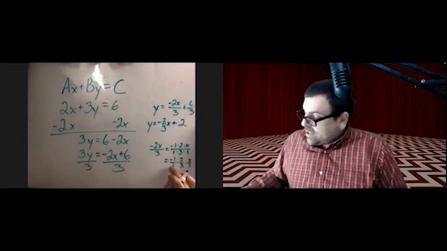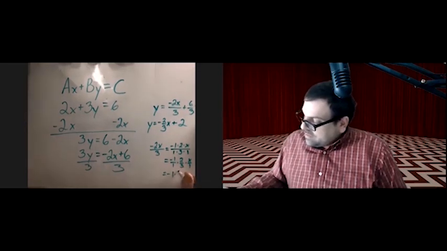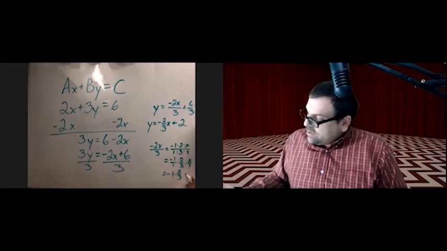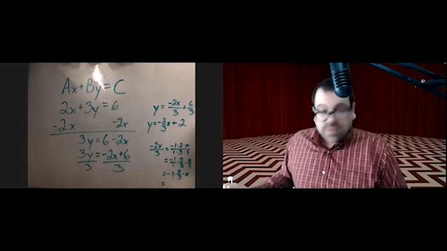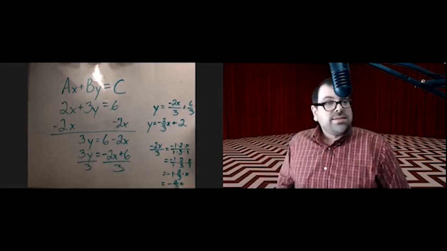Negative 1 over 1 is negative 1 times 2/3. X over 1, that's just x. Negative 1 times something is just like making it negative. So negative 2/3 x.